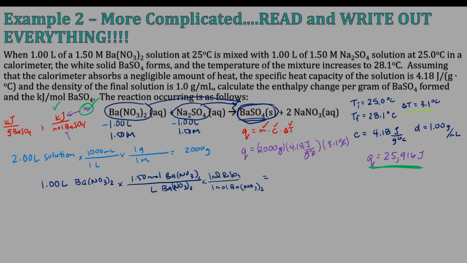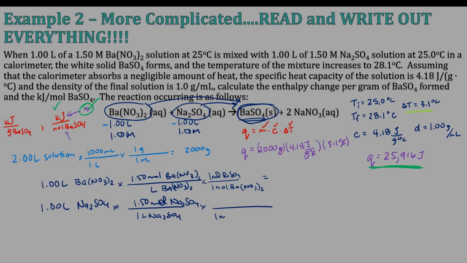Okay, and since I have another reagent, this could be a limiting reagent problem. Now I see that they're both going to be the same thing, but in case you don't, I'll go ahead and do the other calculation. So I have 1 liter of sodium sulfate solution, and in every single liter of sodium sulfate, there is 1.50 moles of sodium sulfate.